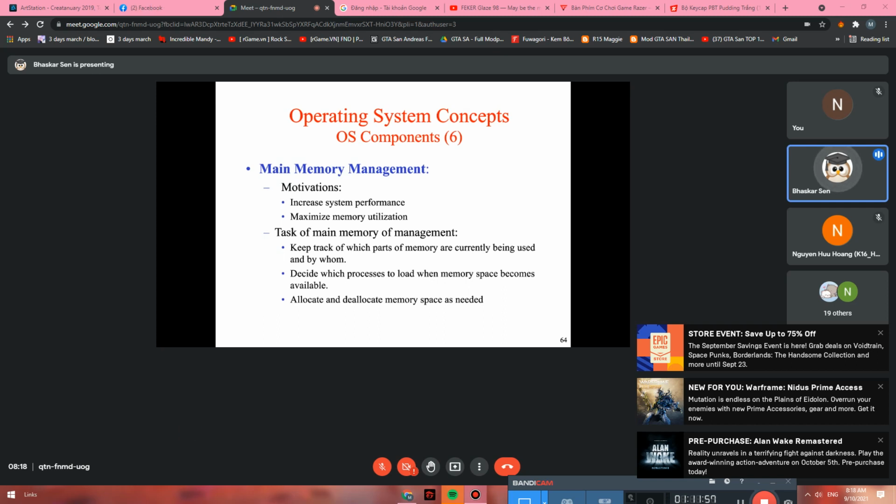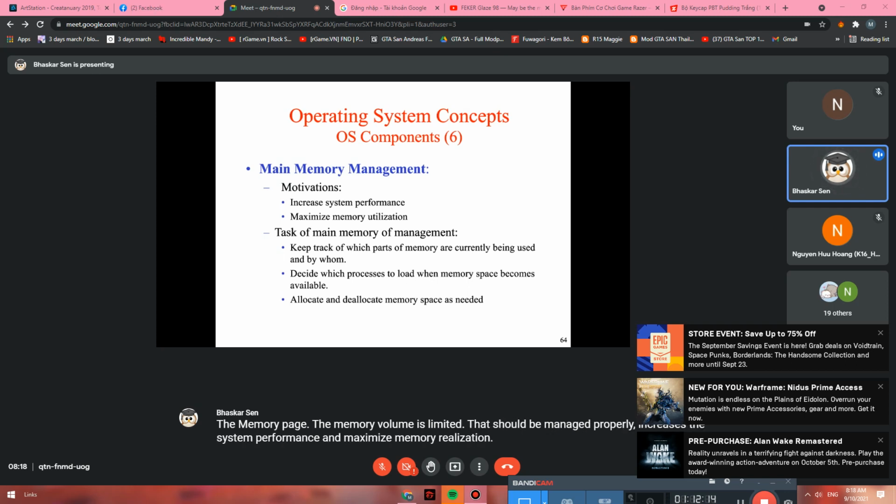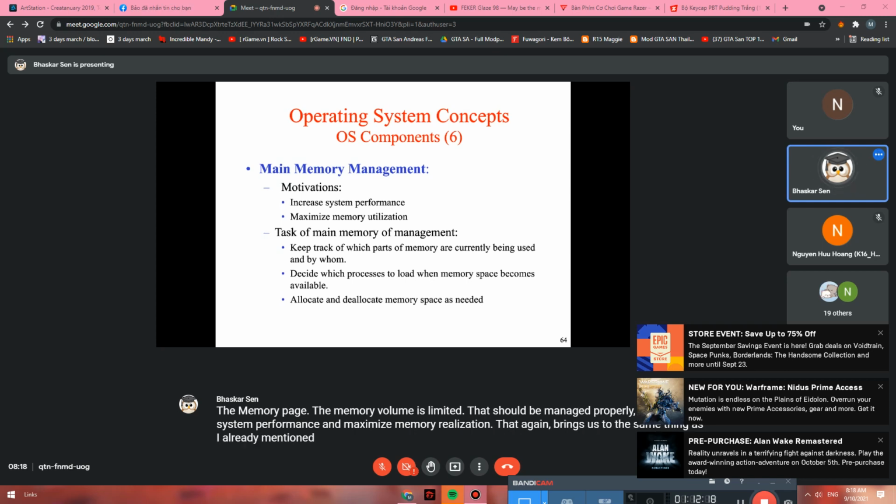The memory volume is limited, and that should be managed properly to increase the system performance and maximize memory utilization. That again brings us to the same thing as I already mentioned earlier.